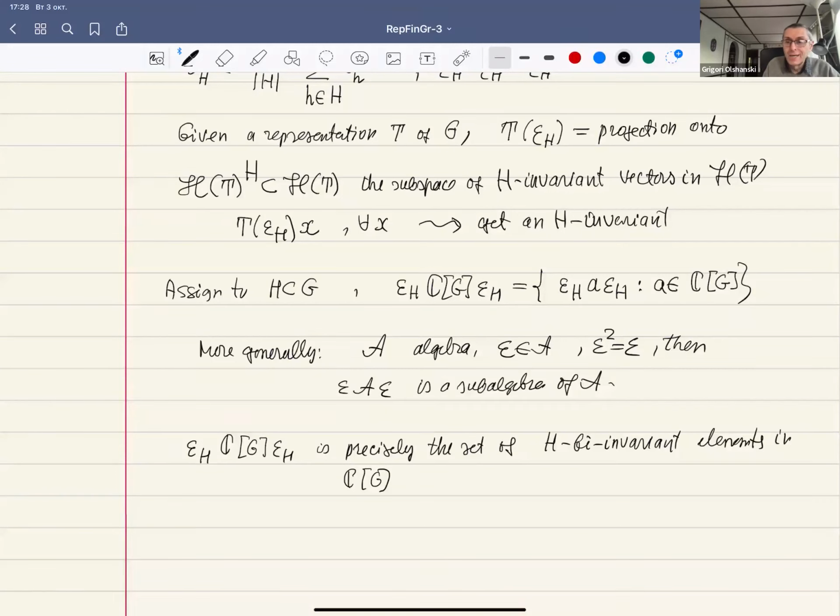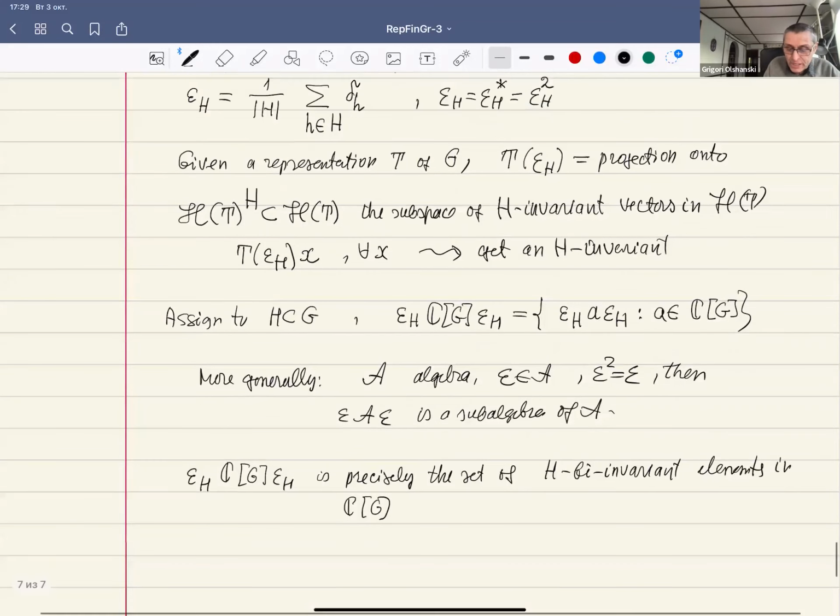What does H-invariant mean? Our group acts on the group algebra by right shifts and left shifts, and so we can speak about H-invariance on the right or H-invariance on the left.